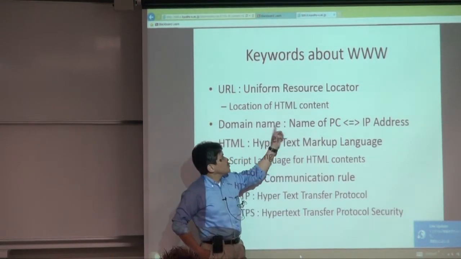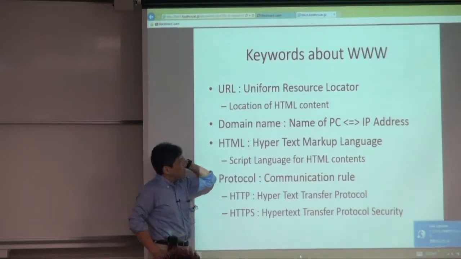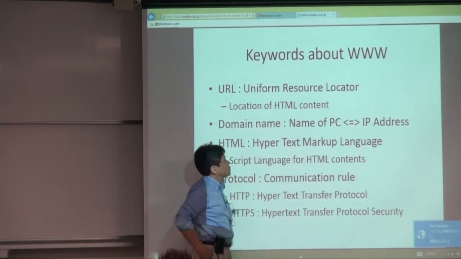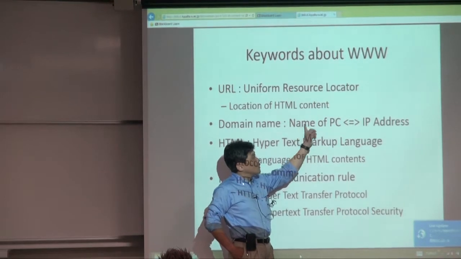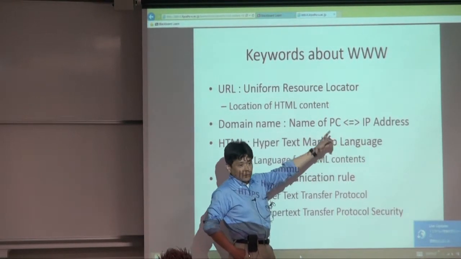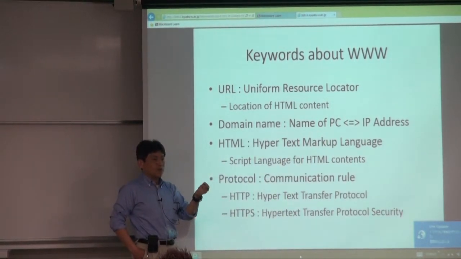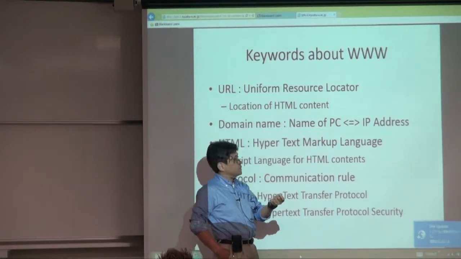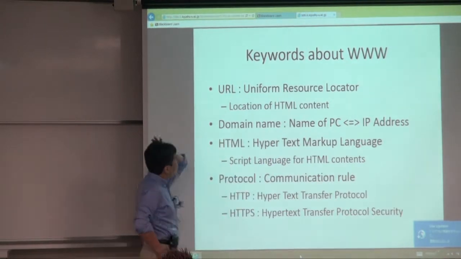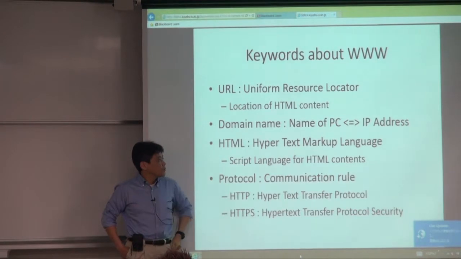Usually you can use a domain name. As I explained in the last lecture, the domain name is automatically converted into the IP address. Of course, your web server also has a unique ID, that is the IP address. And HTML is a script language for HTML content.